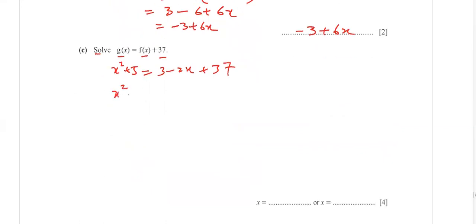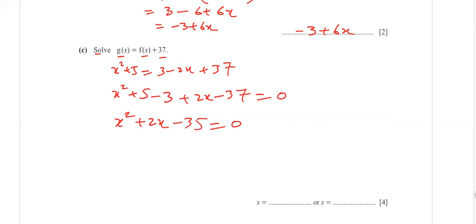It will become x square plus 5 minus 3 plus 2x minus 37 equal to 0. So it will be x square plus 2x, then 5 minus 3 is 2, minus 37 is minus 35, equal to 0.